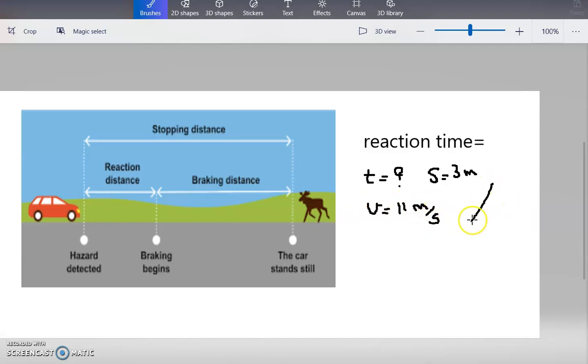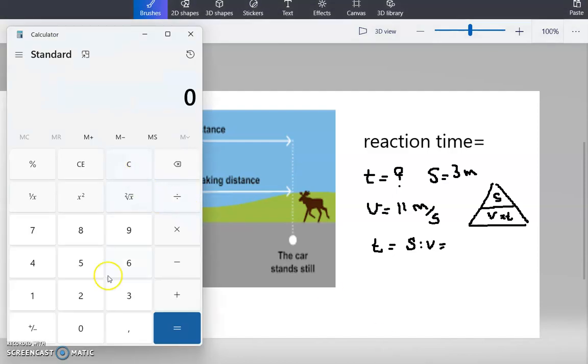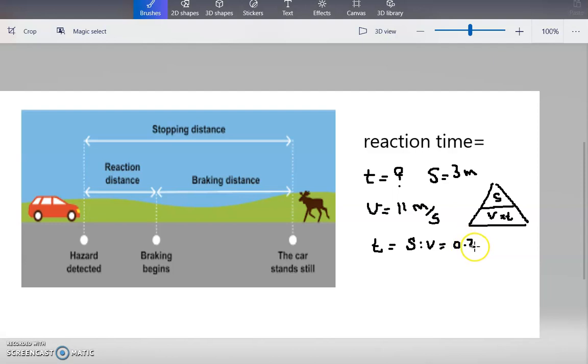So I can use this triangle like this: S, V, and T. So T, if I put my hand here on T, is S divided by V. So 3 divided by 11 is 0.